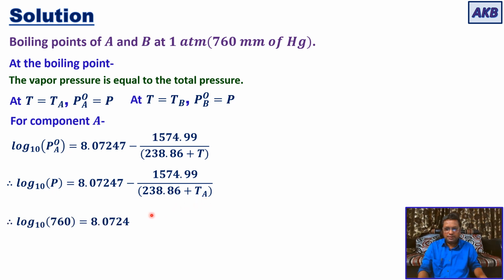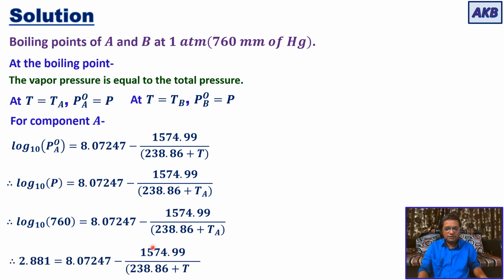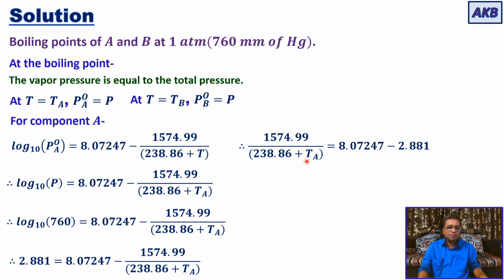In the next step, I have used P is equal to 760. Further simplification gives 2.881 is equal to 8.07247 minus 1574.99 divided by 238.86 plus TA. If we simplify it further, we will have 1574.99 divided by 238.86 plus TA is equal to 8.07247 minus 2.881.